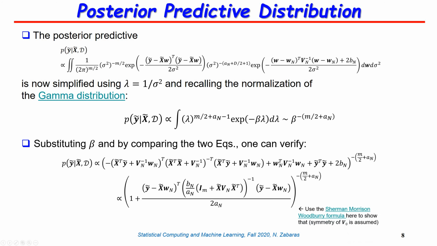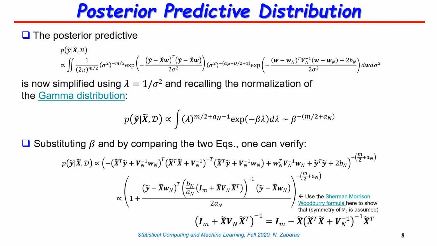As part of that algebra, you have to use the Woodbury formula for inversion, in this particular form. There are no assumptions really involved beyond the symmetry of V0, and that is an obvious assumption in this problem.